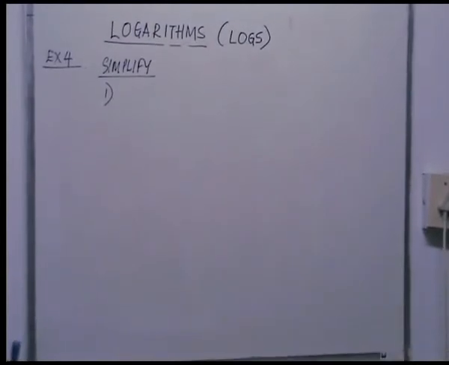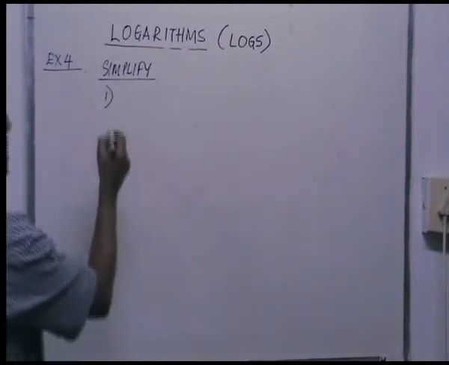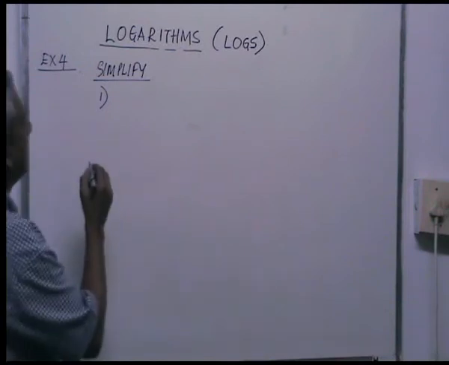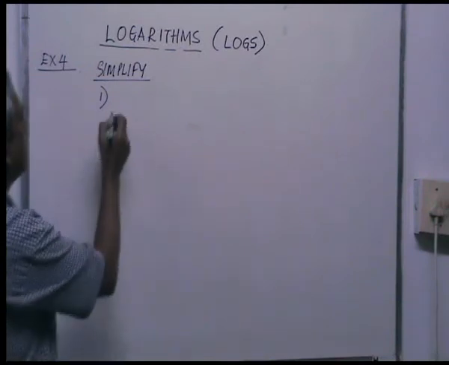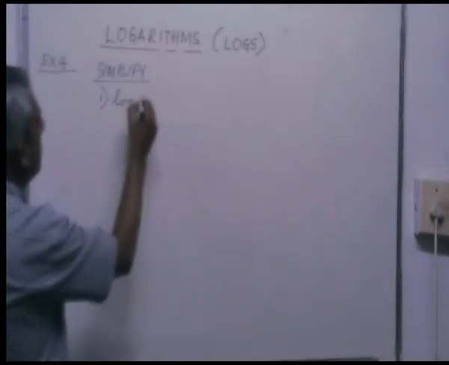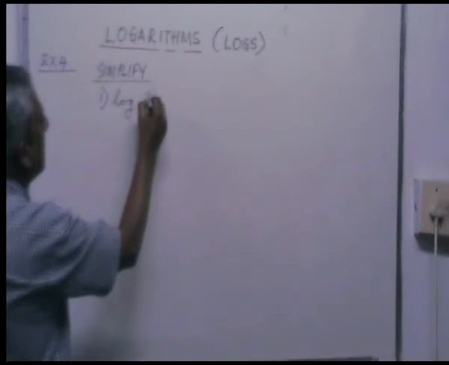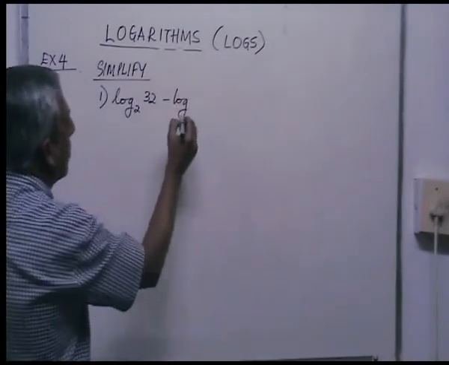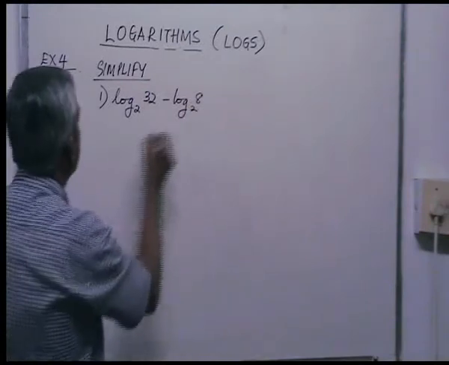Here we have exercise 4, simplify these examples as far as possible. Okay, so let's say we gave you number 1, log of 32 to the base 2 minus log of 8 to the base 2.